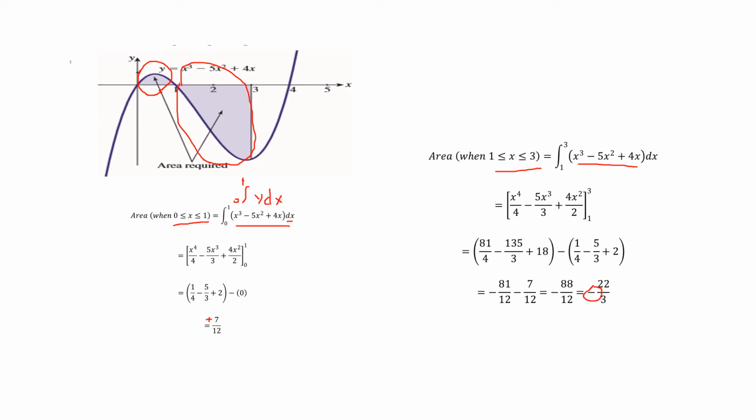So this minus is an indicator that it is coming under the x-axis. Now total area will be equal to, look, I'm not using minus here because it is just a symbol for the area. It is coming under the x-axis.